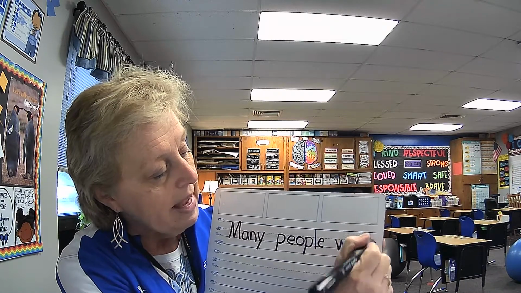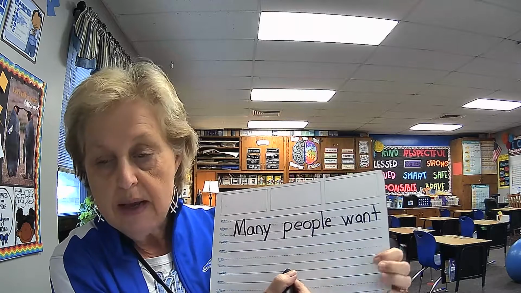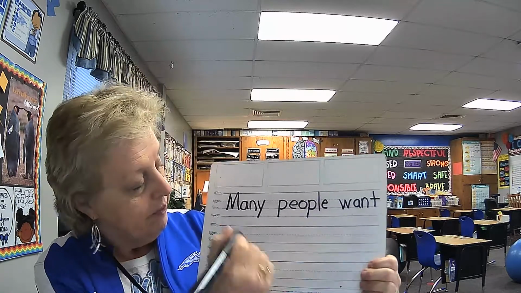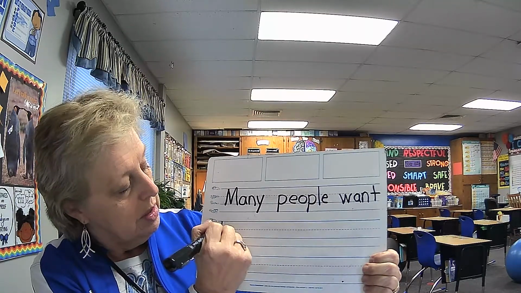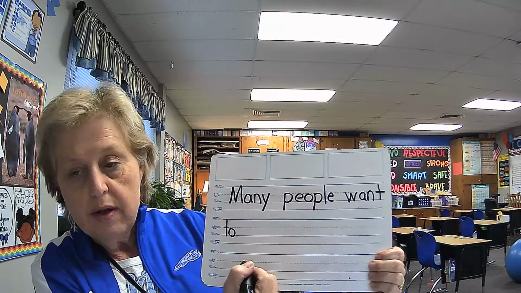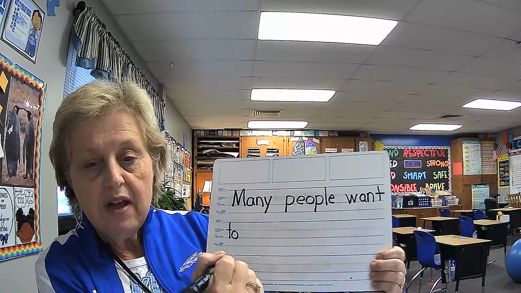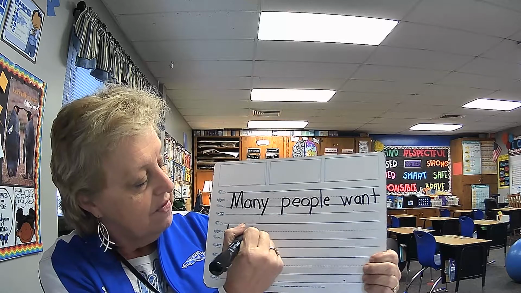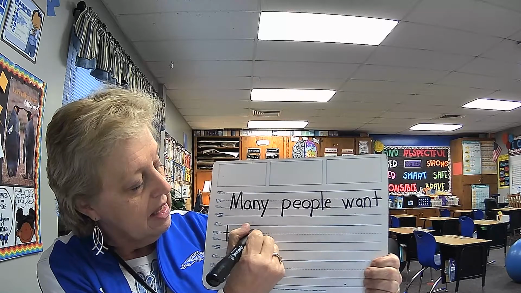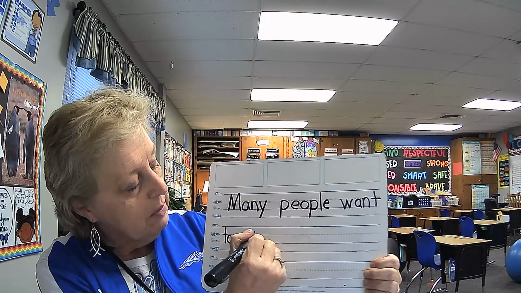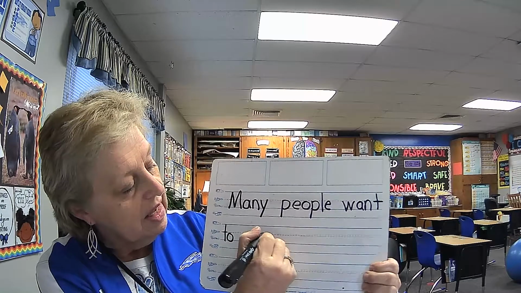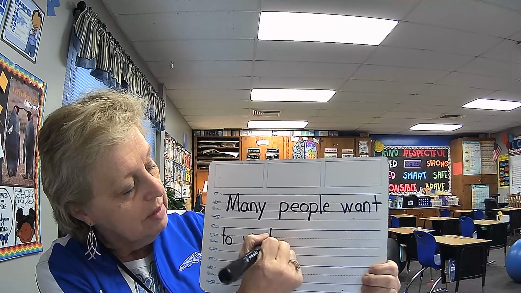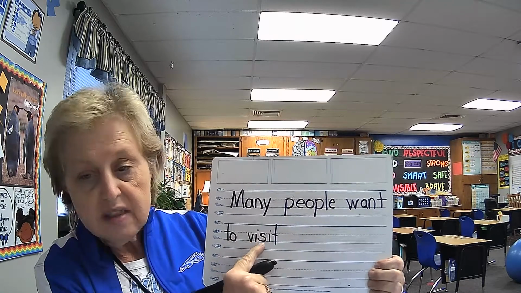It looks like want, but it's want. Many people want to, T-O, visit. The S is spelled with an S, sounding like Z. Viz, it, 2 syllables. Visit.